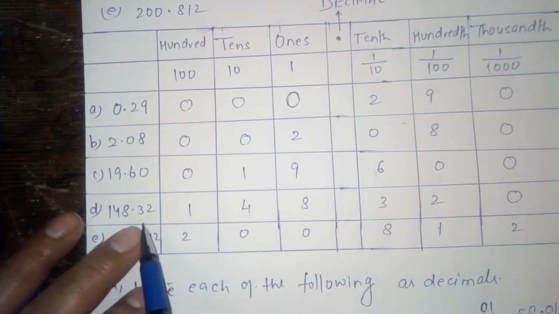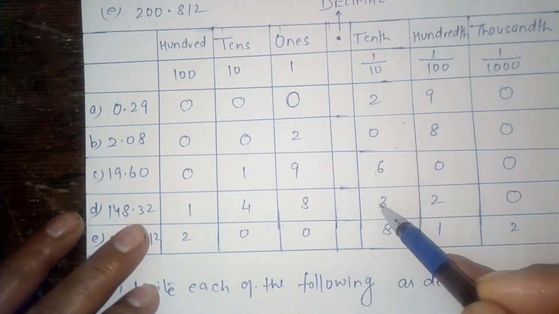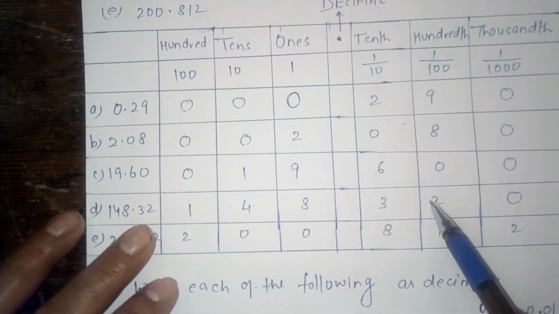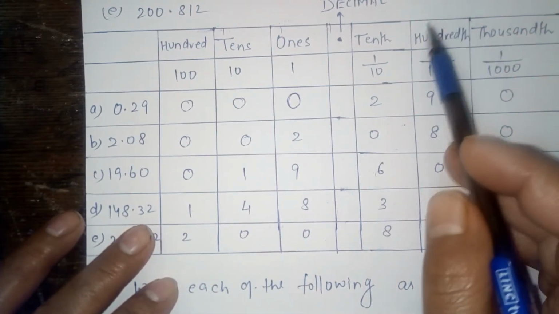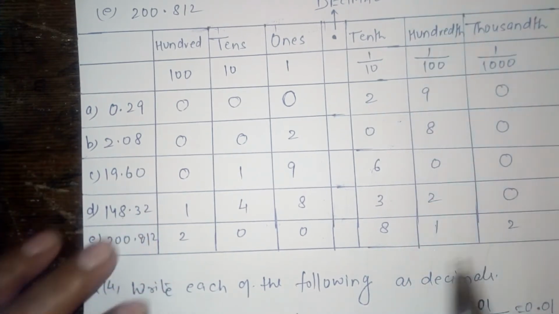Then after this is 3, so 3 will be in the tenths place, and 2 will be in the hundredths place.